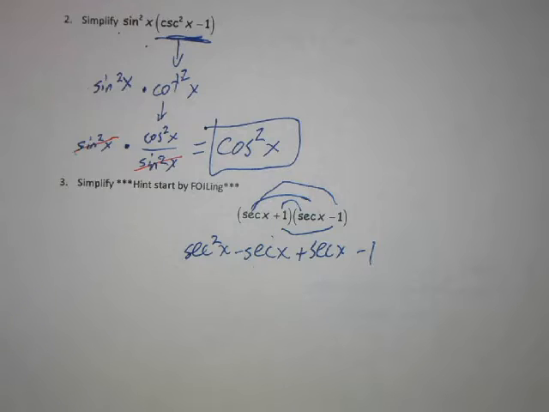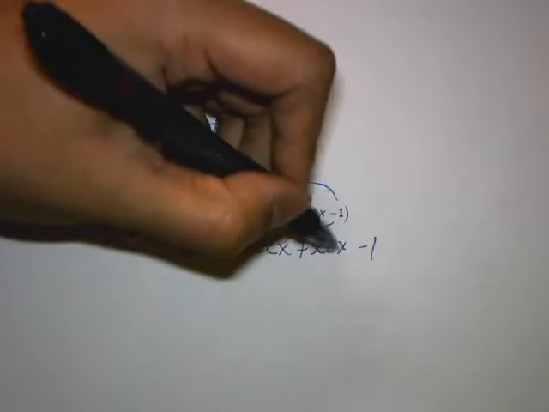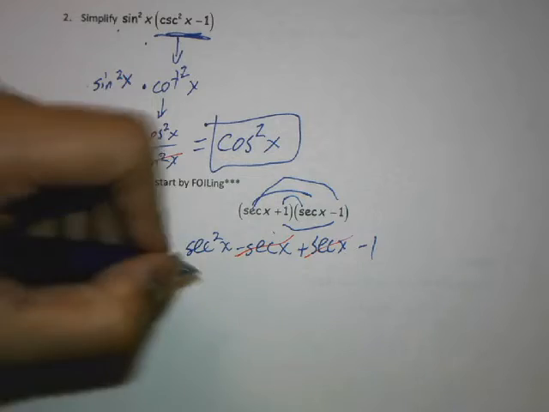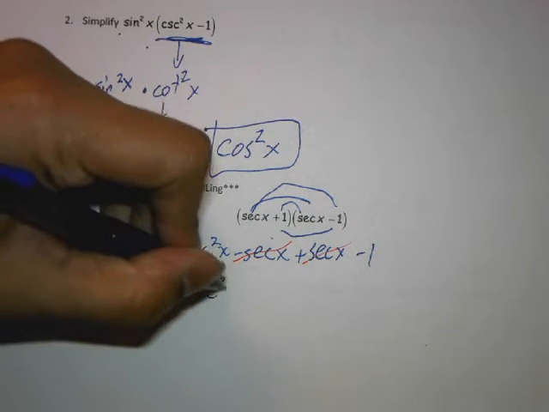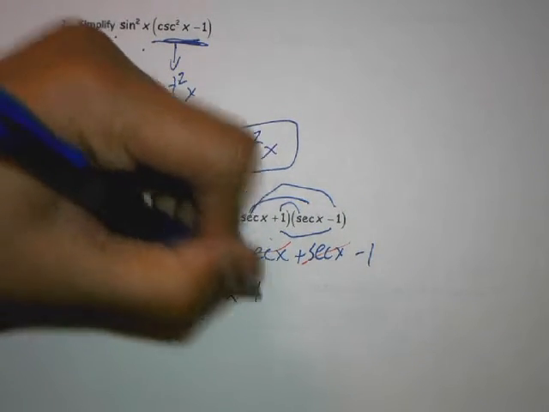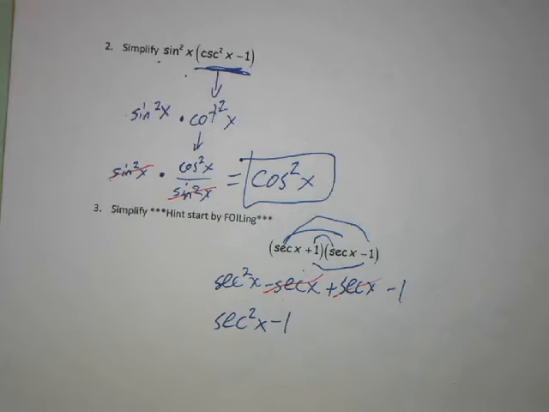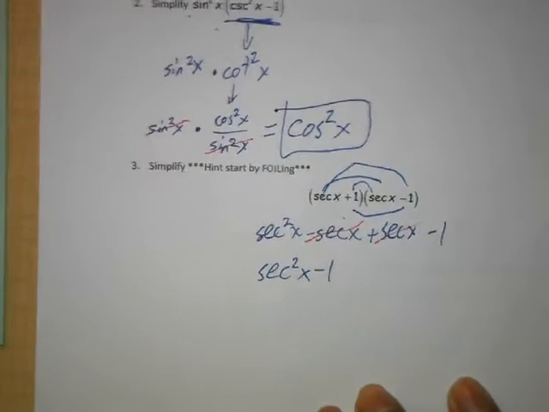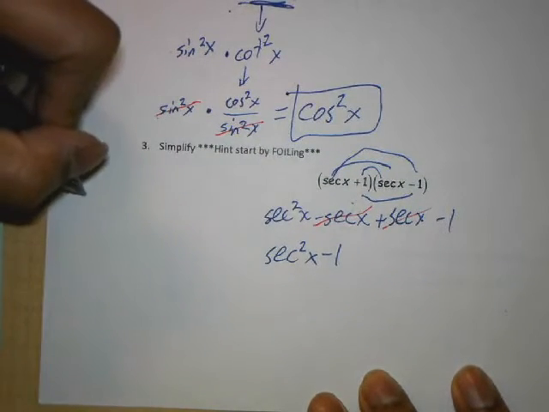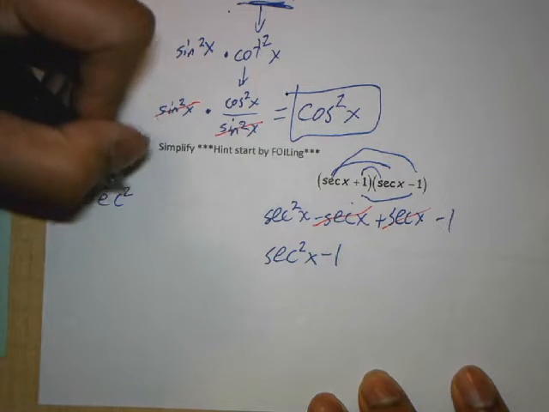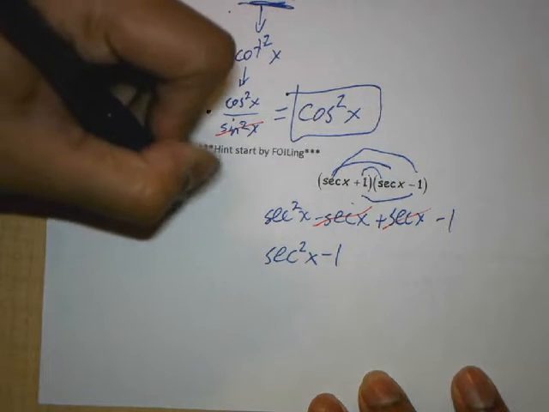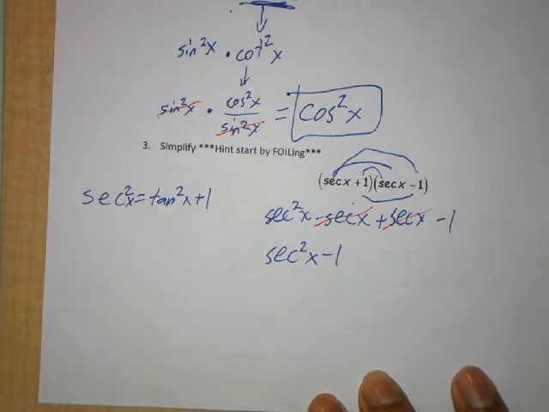Now, immediately it jumps out that these two middle terms are going to cancel out. Okay, and if you move downwards, you've got secant squared minus 1. That looks familiar, again, like one of my Pythagorean identities. Well, secant squared is tangent squared plus 1, okay?